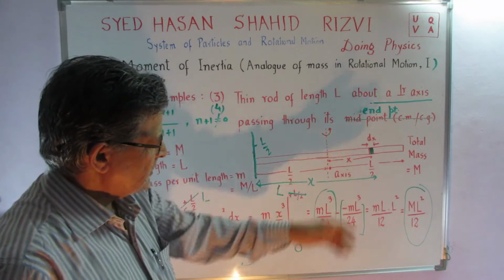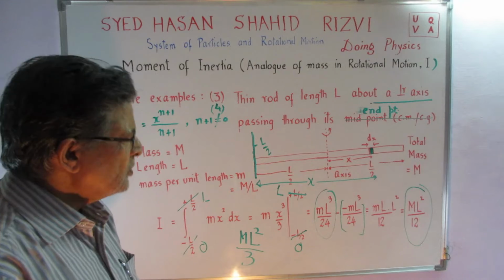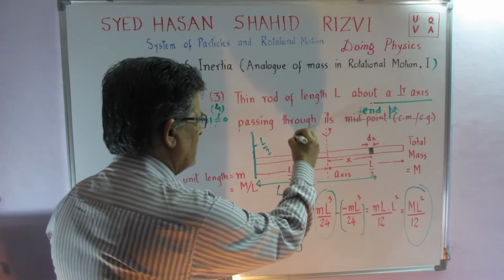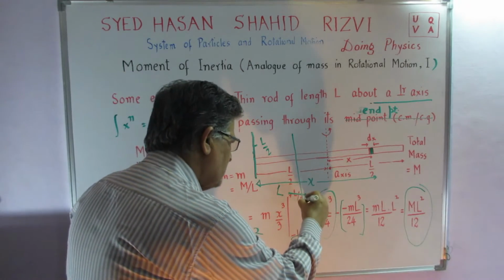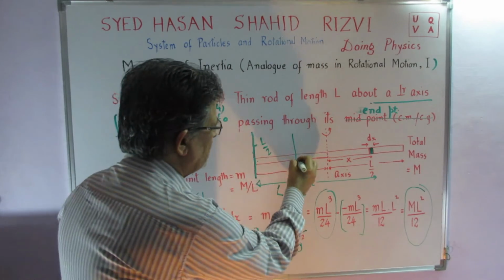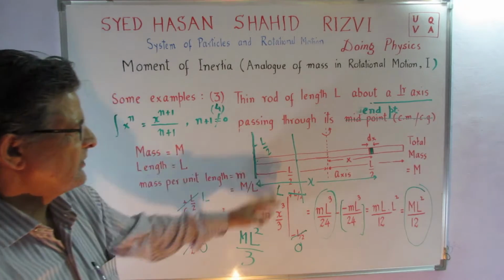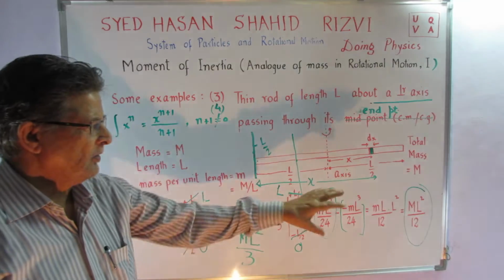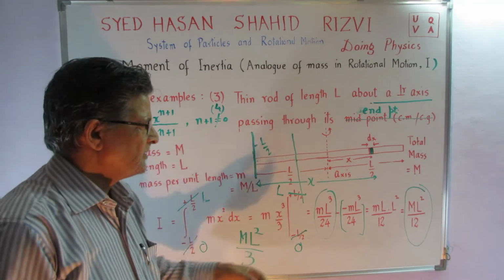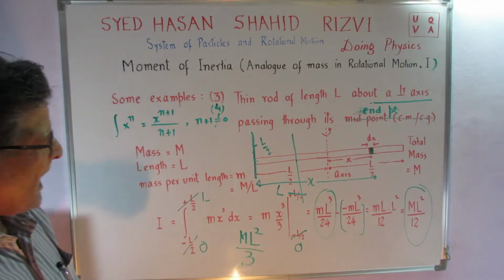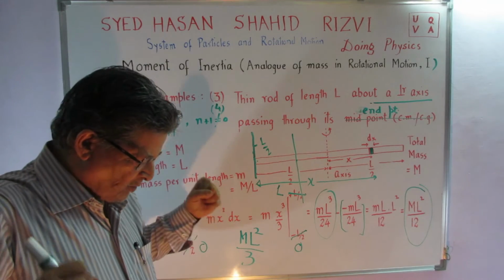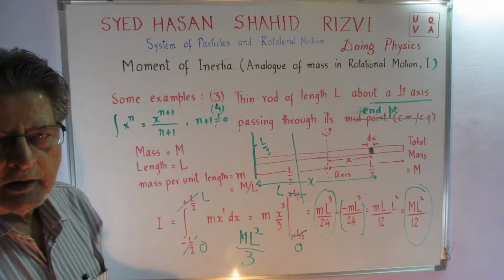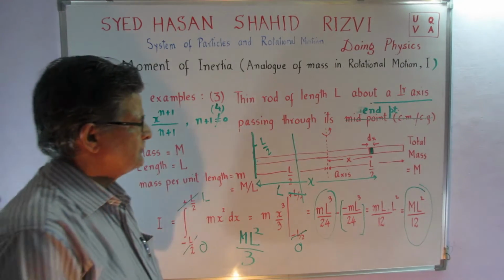So with change in the axis of rotation, we could take any defined point, and you can be asked that from here to here it is L1, and from here to here it is L2. So total length L becomes equal to L1 plus L2, etc. All kinds of complexities, but you should be able to deal with this because you have learned the method how to do it, and you can do it very easily.